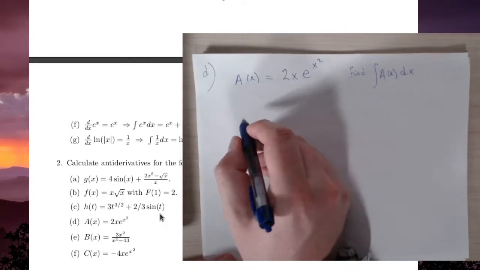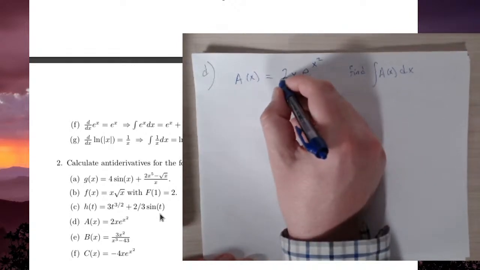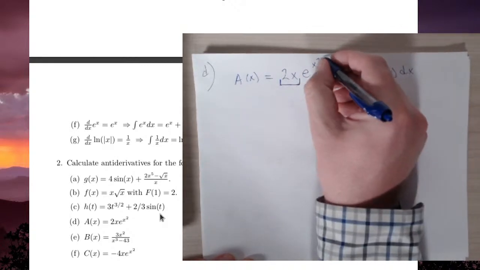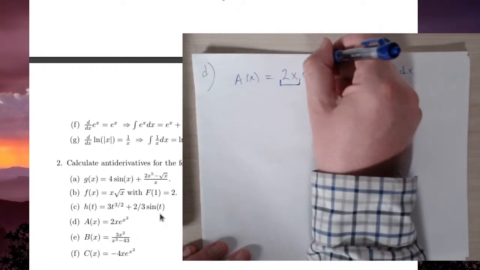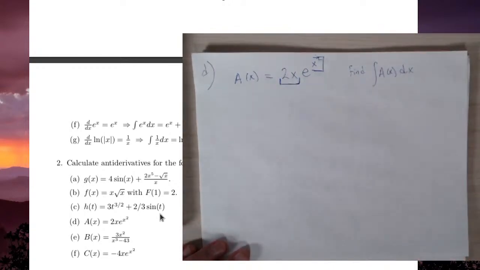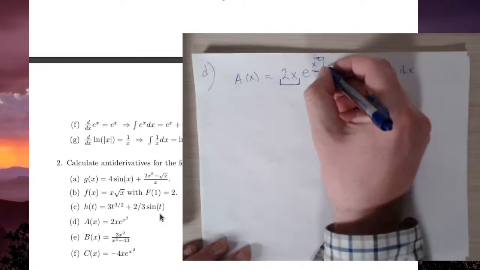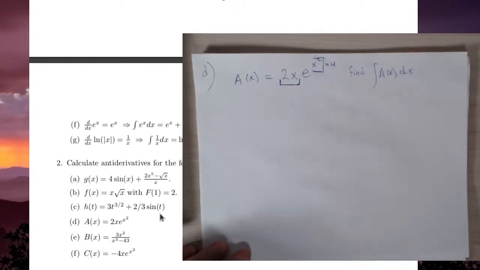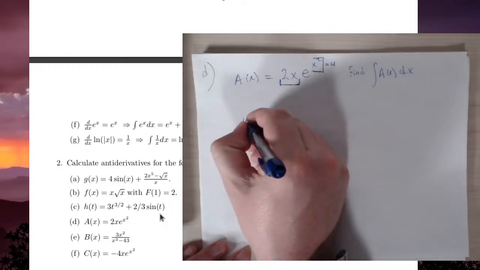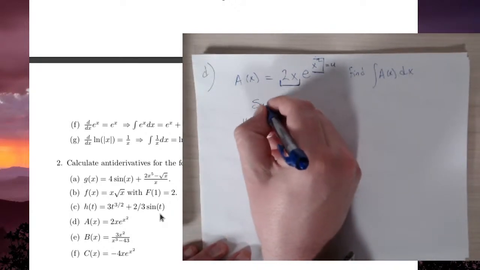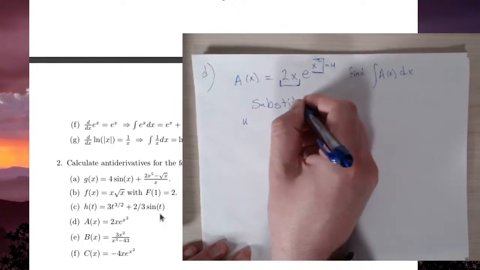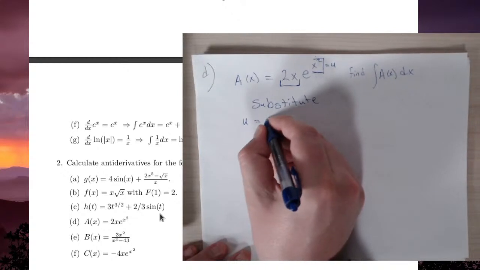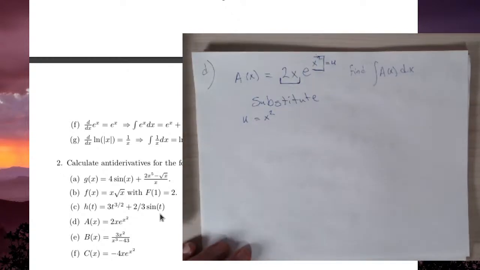If we think about this function, there's sort of two parts. If I look at this little piece right here, and this little piece right here, let's suppose I called this little piece u. In particular, I'm going to substitute u equals x squared.